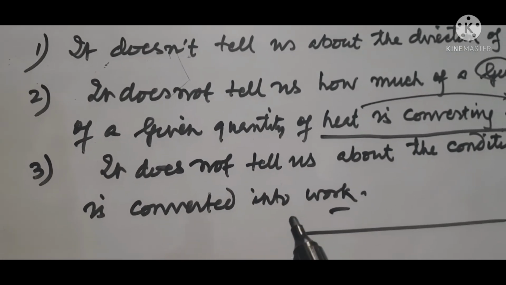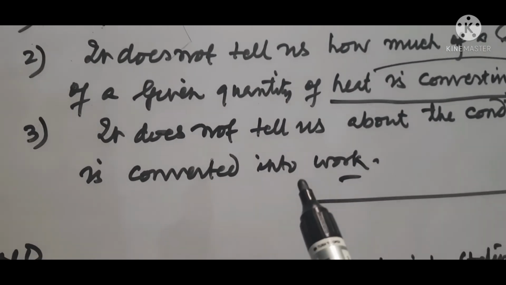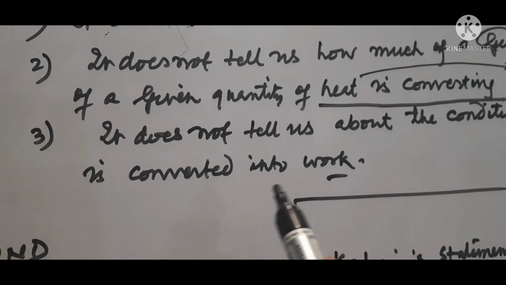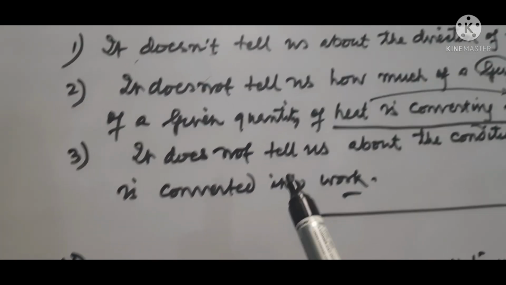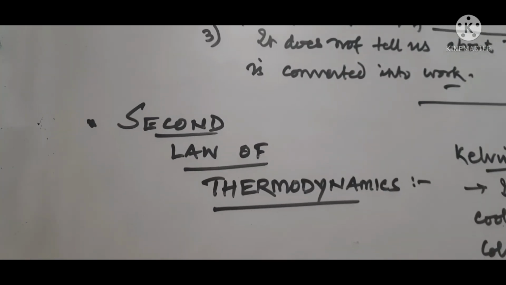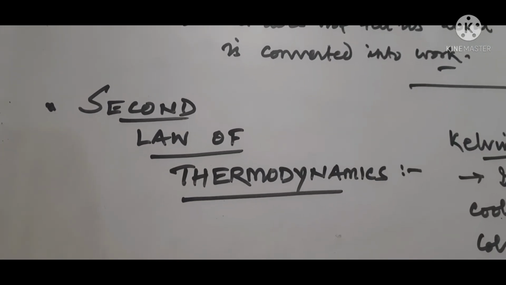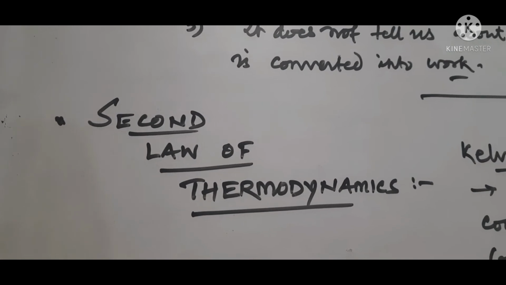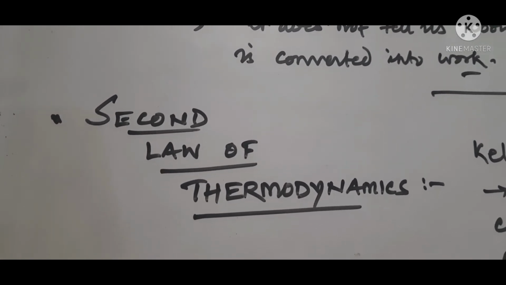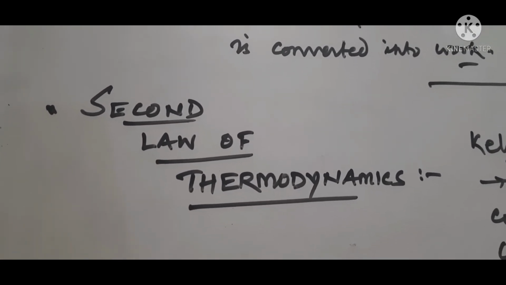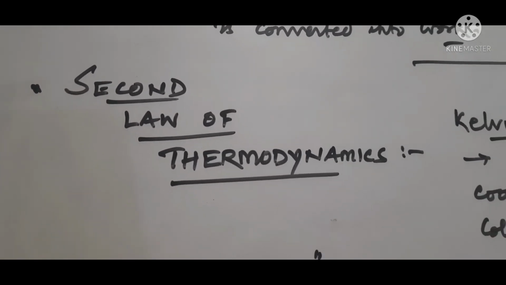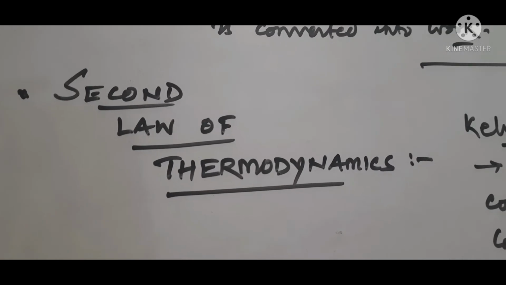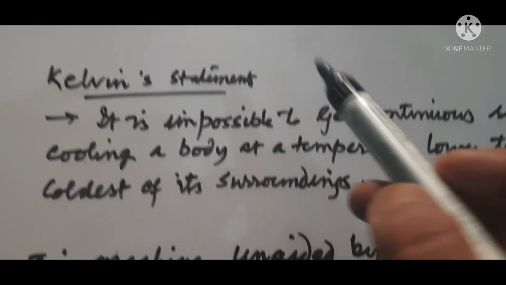So after clarifying these limitations, the scientists came on to the second law of thermodynamics. The second law is given by two scientists, Kelvin and Clausius, after different experimental facts and activities. Kelvin has given a statement.